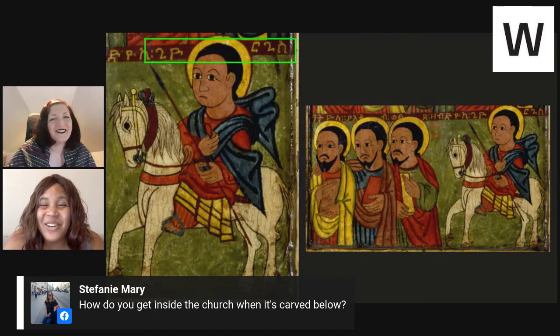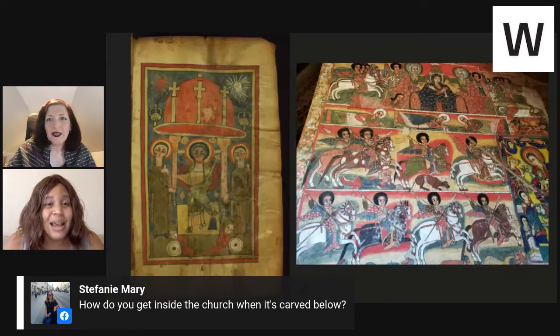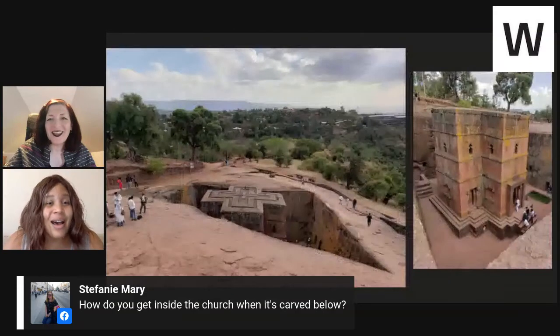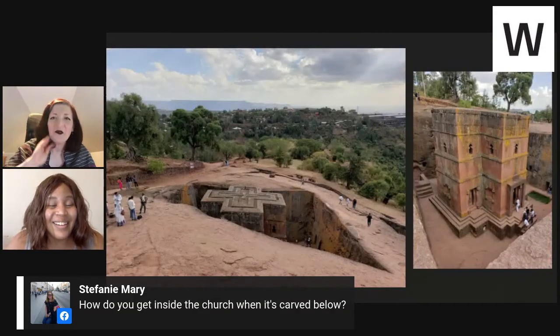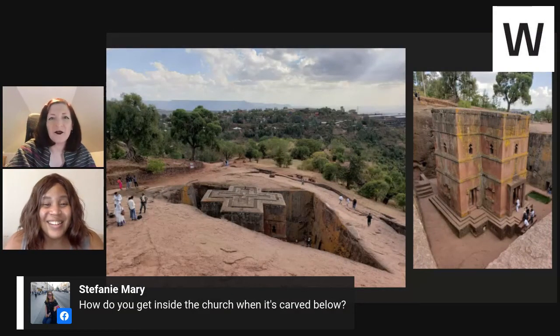Stephanie Mary asks, how do you get inside the church when it's carved below? I don't know if you want to go back to the image of the church, because that is a very good question. And you mentioned hiking boots. Yeah. I had that question myself, and I think I was so taken by this Church of Beta Georgis that I'm forgetting how I did that. But you see the pit carved down.